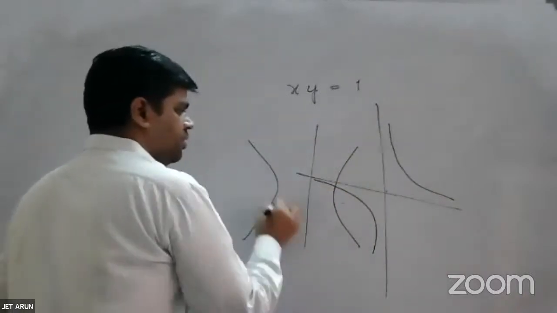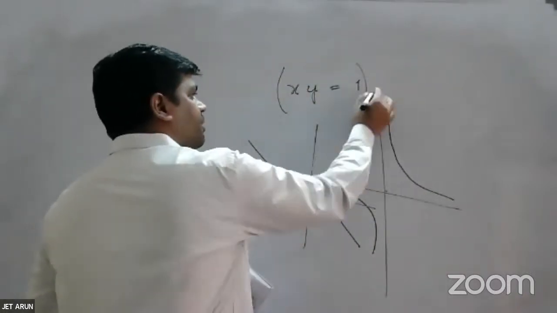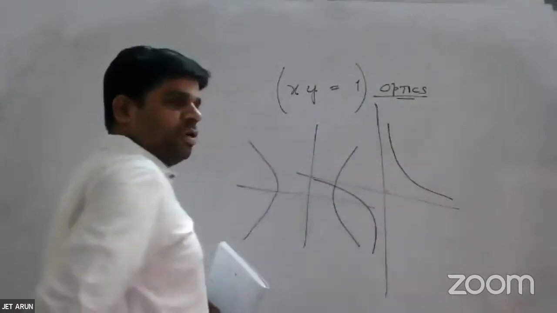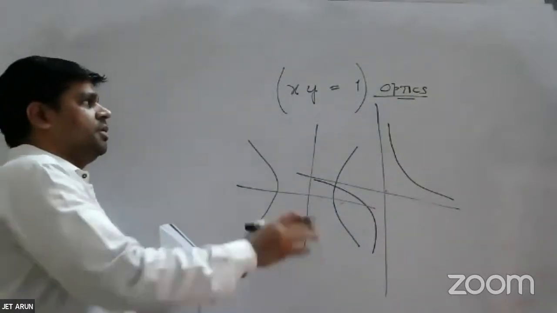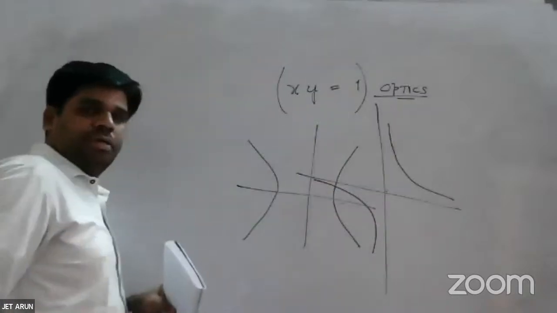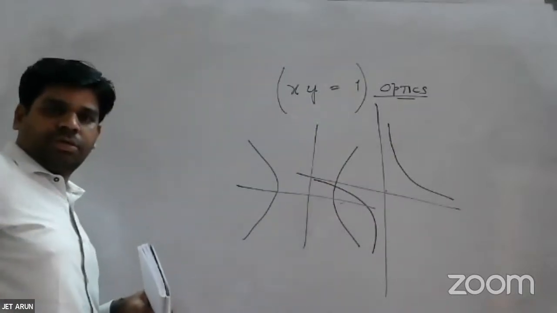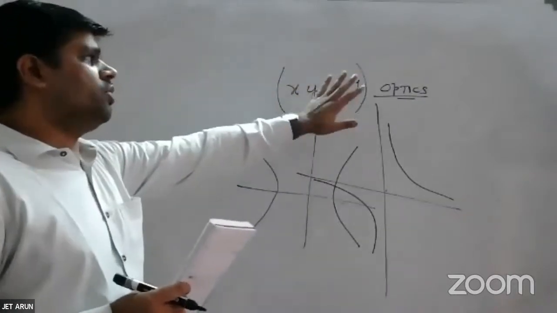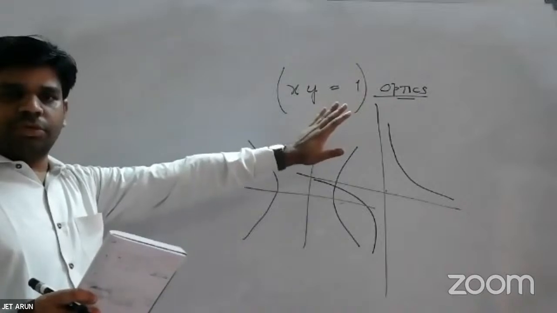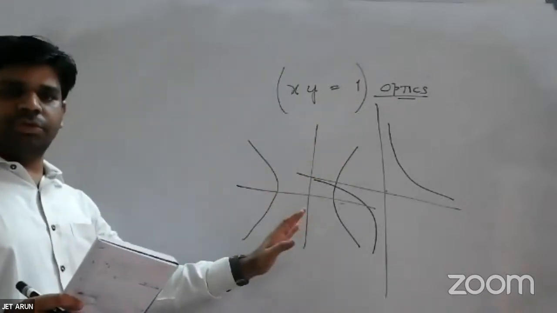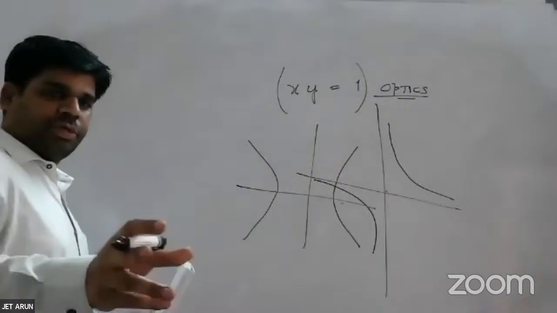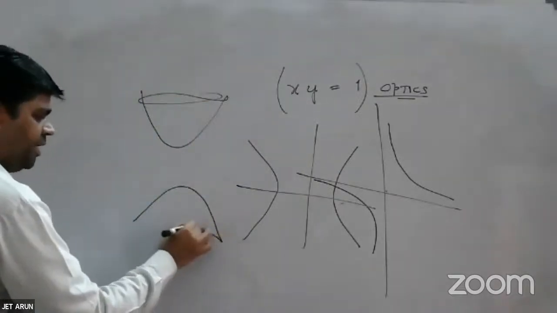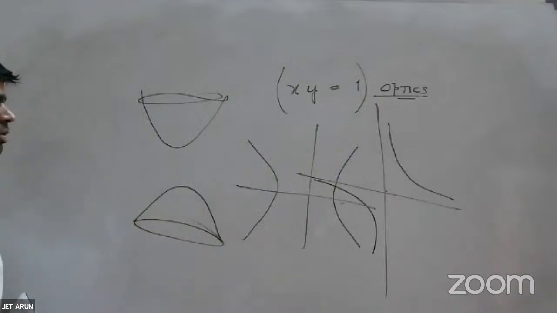This is the most important graph in optics. Your geometrical optics will be based on this graph only. We'll do a lot of graphs on this xy equal to 1 in optics. We will also do the hyperbola in wave optics. I showed you a diagram for this, the hyperbola, with one cup on top and one cup below.